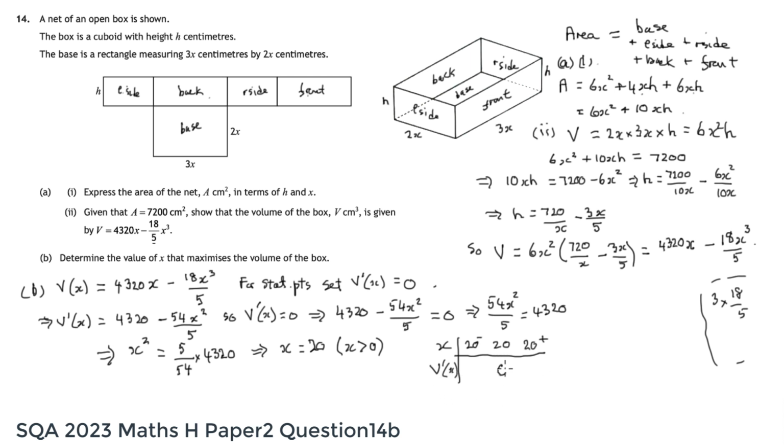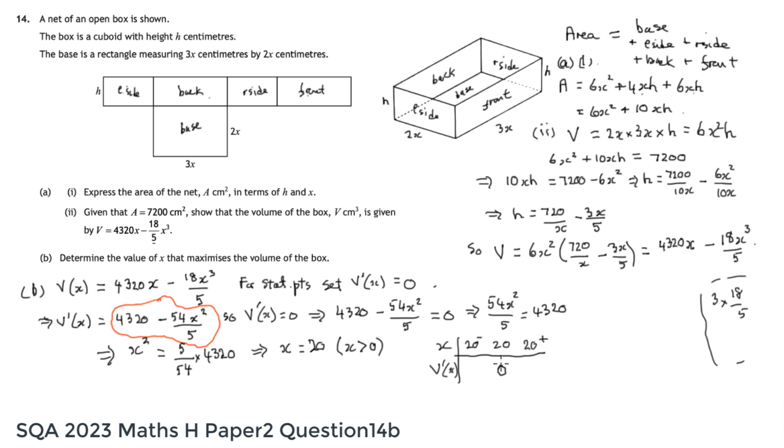I mean, we know certainly that when x is 20, the gradient is 0. Now, if we hunt down the gradient formula here, there it is. Let's just circle that in red so that we can refer to it easily.